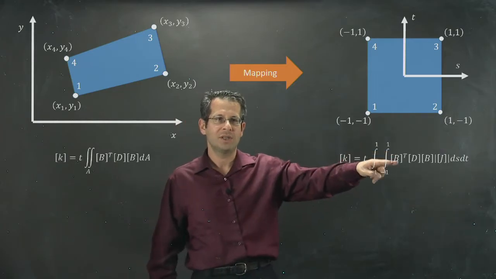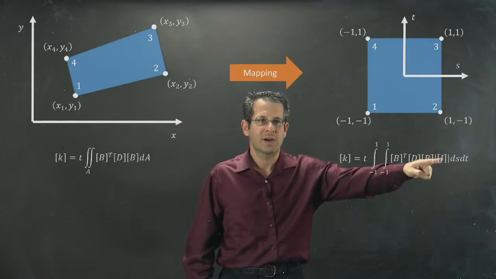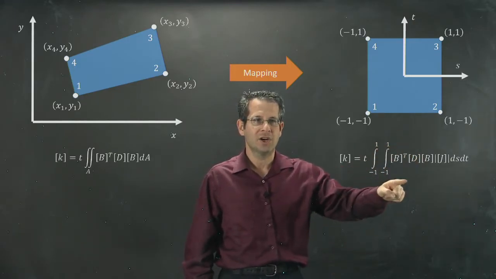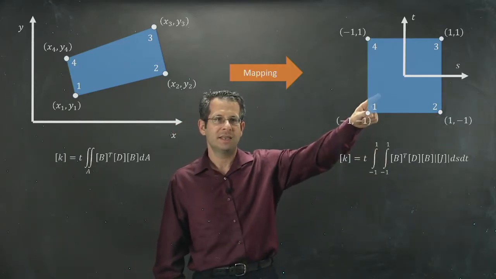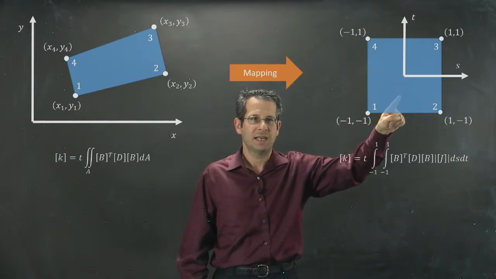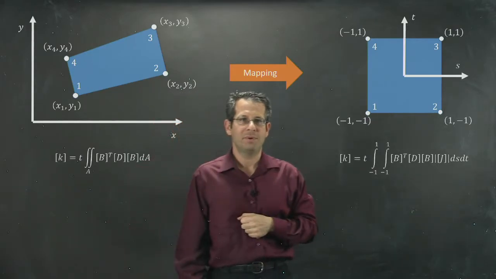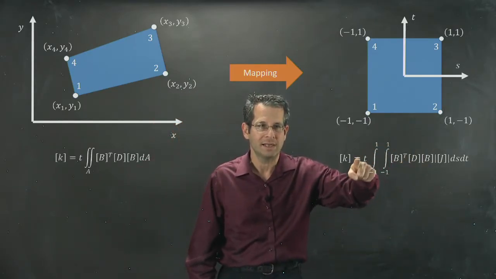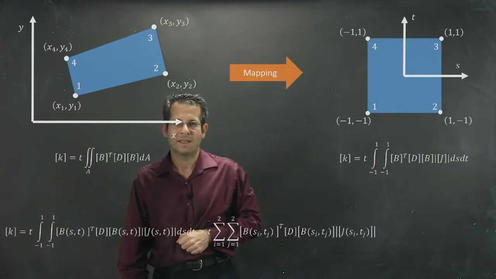We found that to come up with an approximation to this integral, all I need to do is evaluate these functions at 4 locations inside my domain and then sum up those evaluations together. So I can approximate this integral by this form.